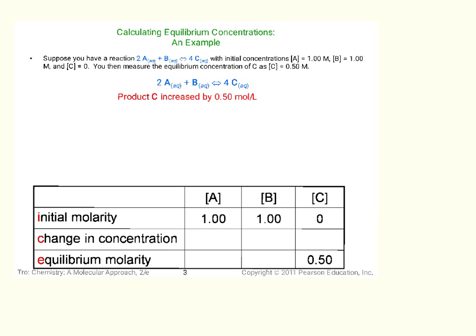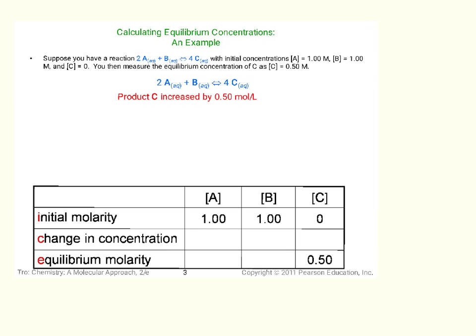Let us look at this example. Suppose we have a reaction: 2 moles of A reacts with 1 mole of B and produces 4 moles of C, and all these components are in equilibrium at some moment of time.